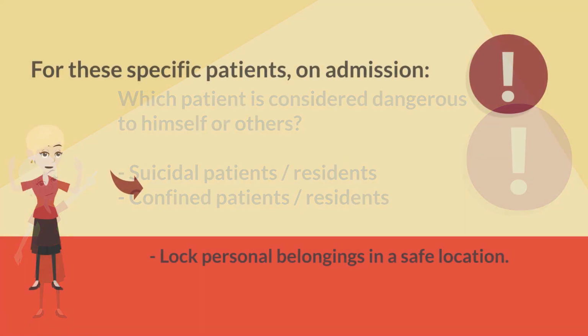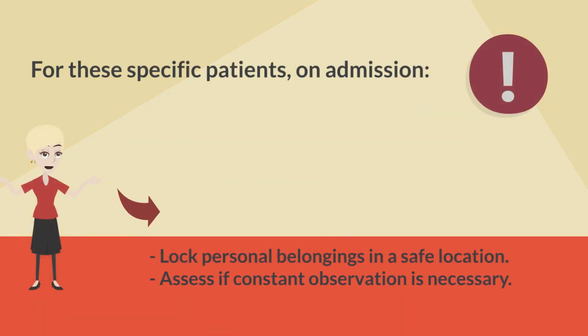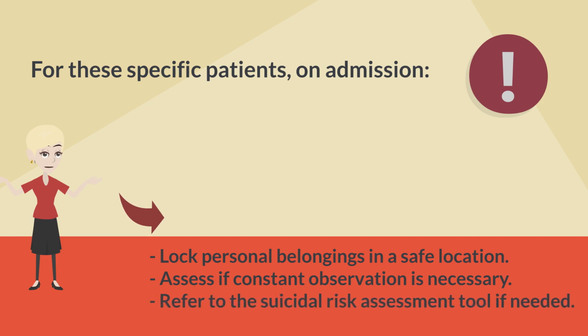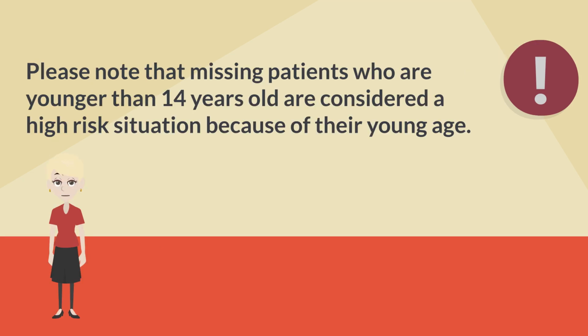For these patients, preventive interventions that should be implemented during admission include thinking about removing and putting the personal belongings locked in a safe place. Note that when a patient under the age of 14 is missing, he or she is also considered to be at a high risk due to their young age.